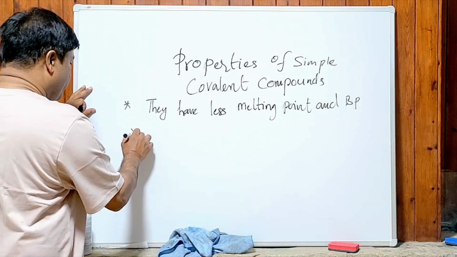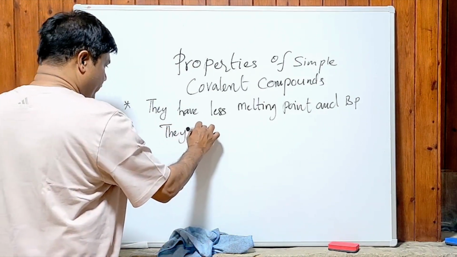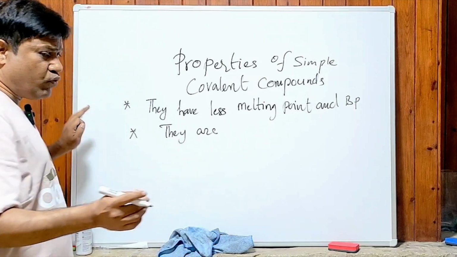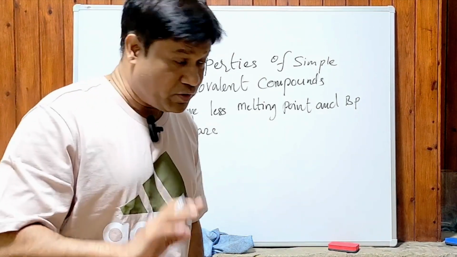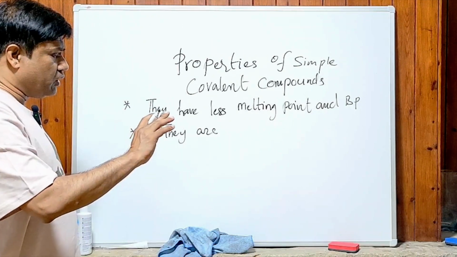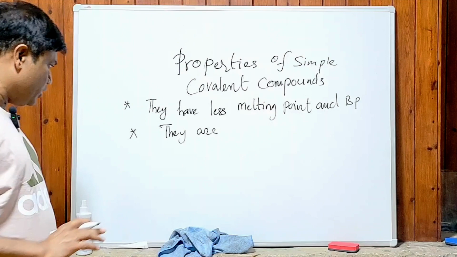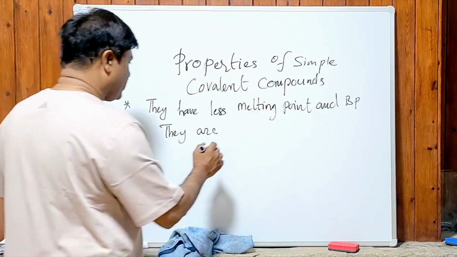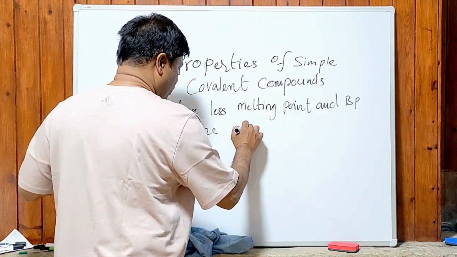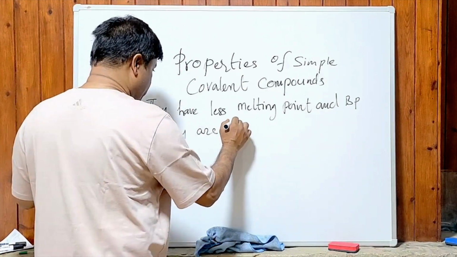I do agree that polar covalent compounds are soluble in water; I'm coming to polar and non-polar covalent compounds later on. In general, they are insoluble. That's the general trend.